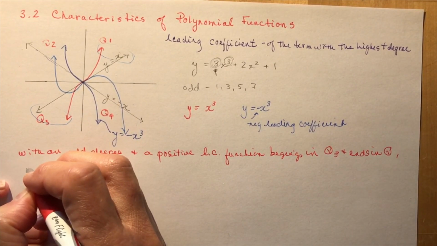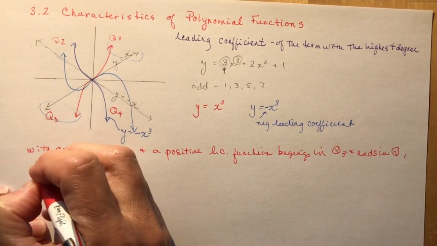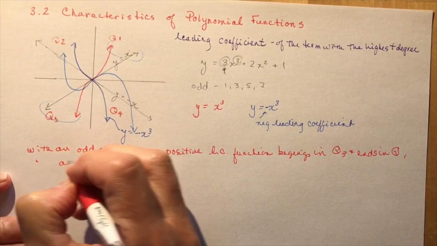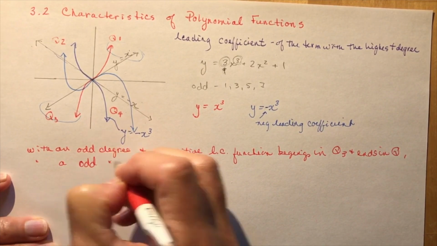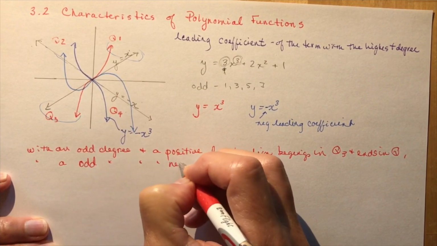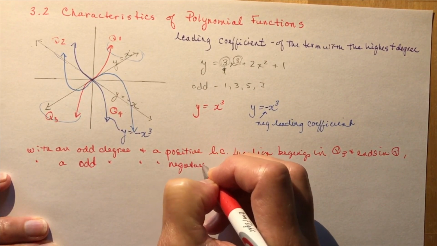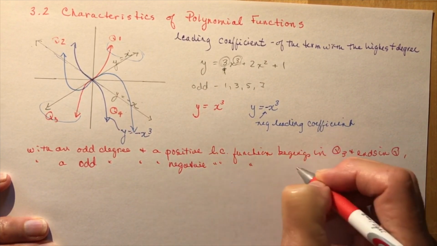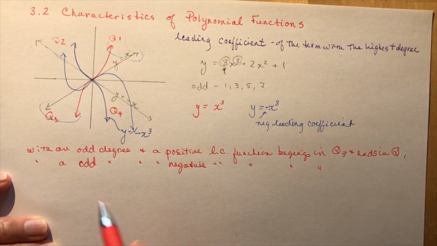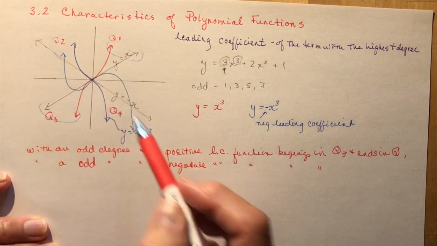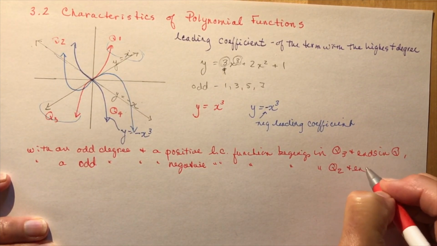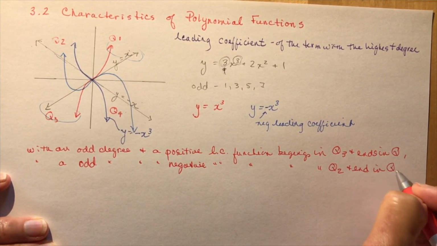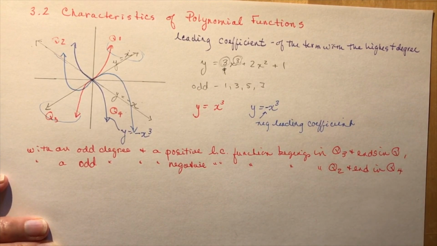So we can just do ditto here, right? With odd degree and a negative leading coefficient, the function begins in, okay, so odd, negative, it's going to start in Q2 and end in Q4. Okay, so that's pretty easy.